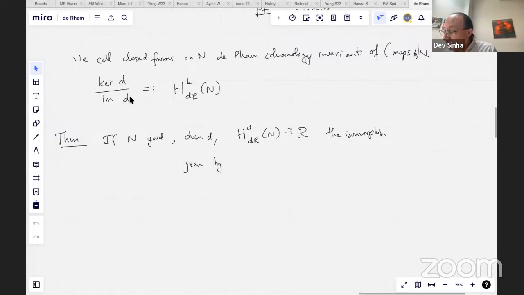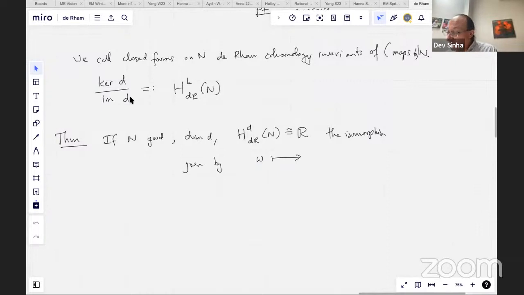sending some form. It's going to be closed, by the way, because if N is dimension D, there are no D+1 forms. There's no way to take D+1 vectors on N and have a good sense of D+1 dimensional volume, because they're all going to be linearly dependent. They're going to be degenerate. So any D form is closed.